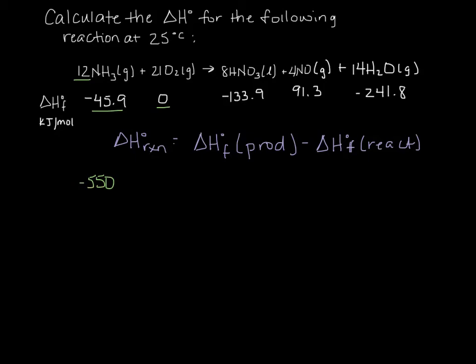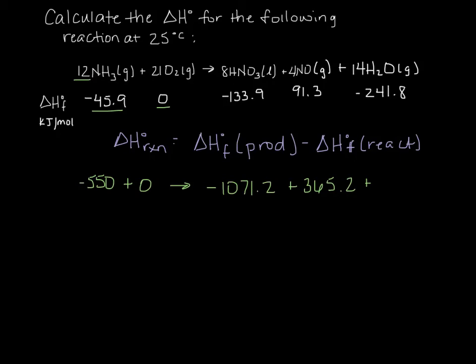So I'm going to do negative 550 plus 0 times 21, which is 0. And then for my products, I've got negative 133.9 times 8, which is actually negative 1071.2. And careful, watch your negative and your positive signs. So for my NO, I'm actually going to do positive 91.3 times 4, which is going to give me positive 365.2.